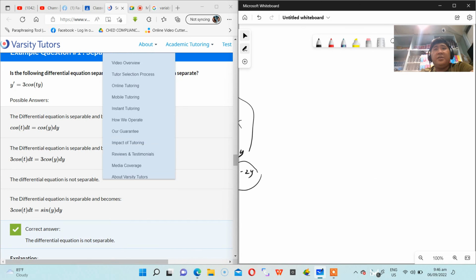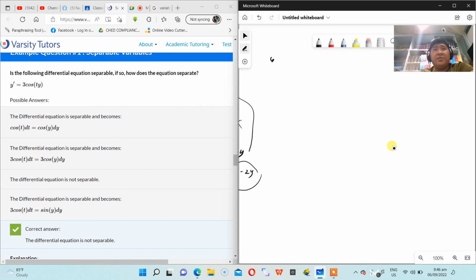So if y prime equals 3 cosine of t and y, so this one is dy over dt equals 3 cosine of t plus y.